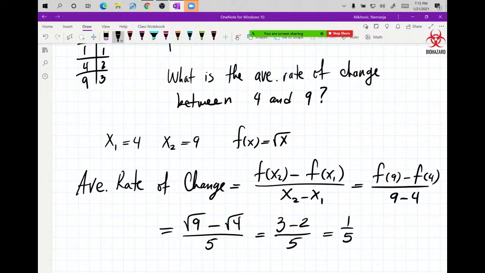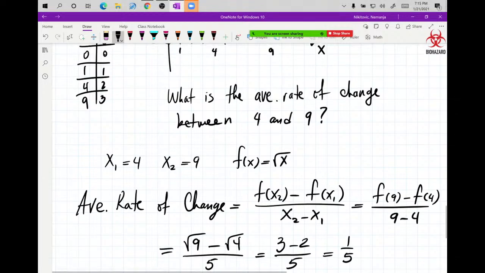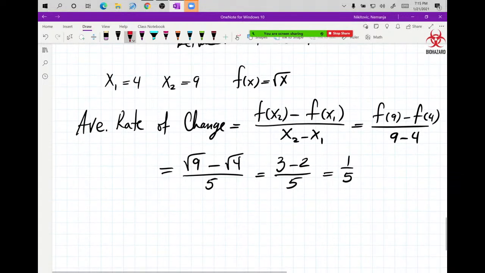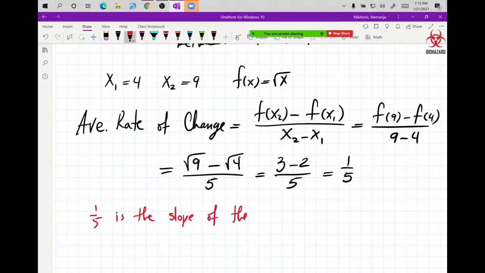Now, what does that mean? Guys, that's the slope of the line that connects those 2 points. So 1/5 is the slope of the line connecting (4, 2) and (9, 3).